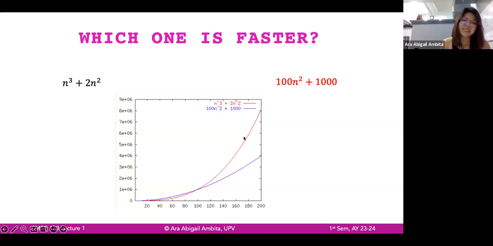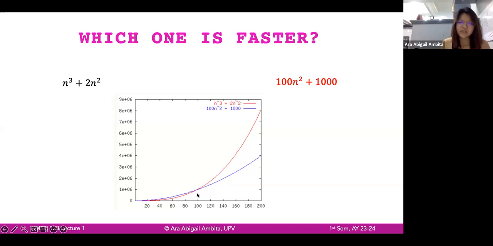We can see the graphs here, showing the running time as the input size is growing. The red line is the n cubed, and the blue line is the n squared. We already know that the n squared is faster because we have already discussed this, right?